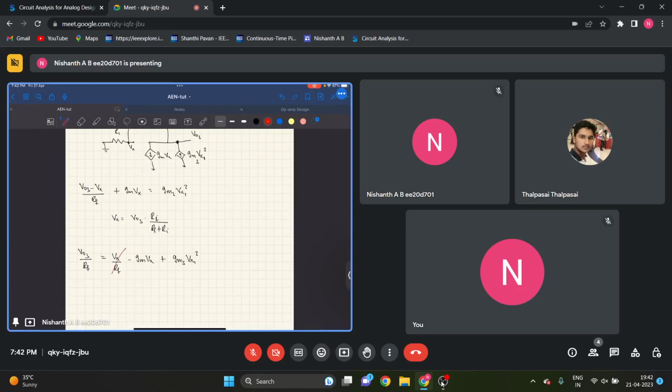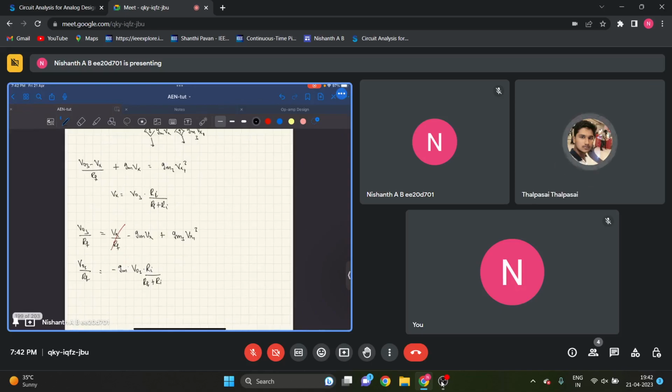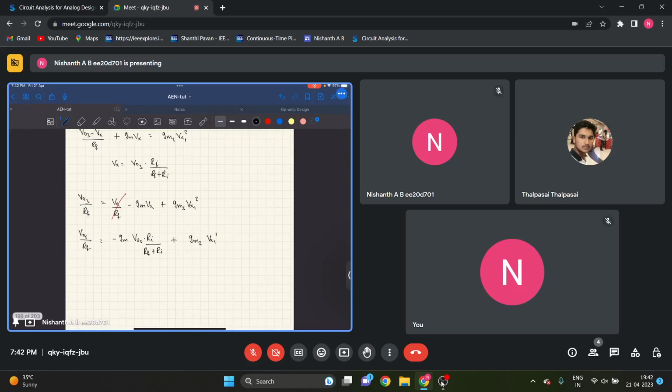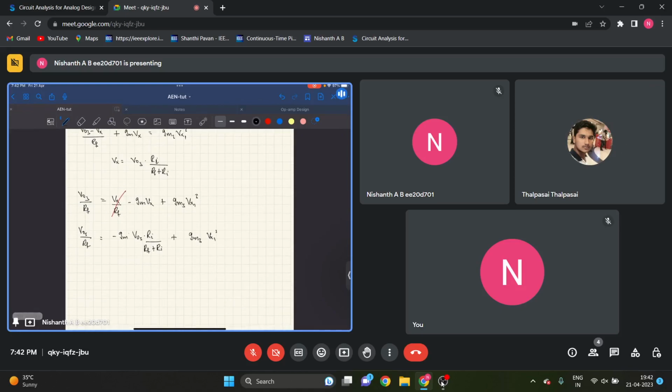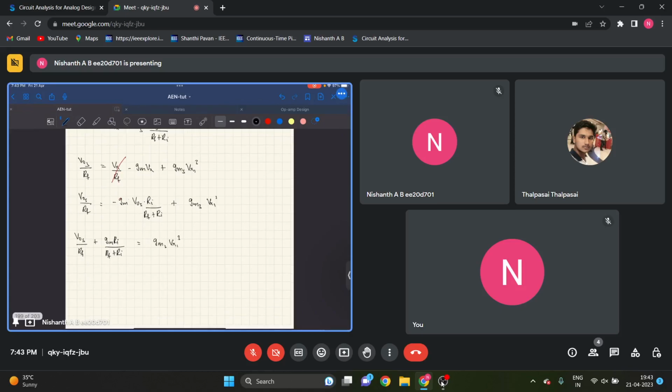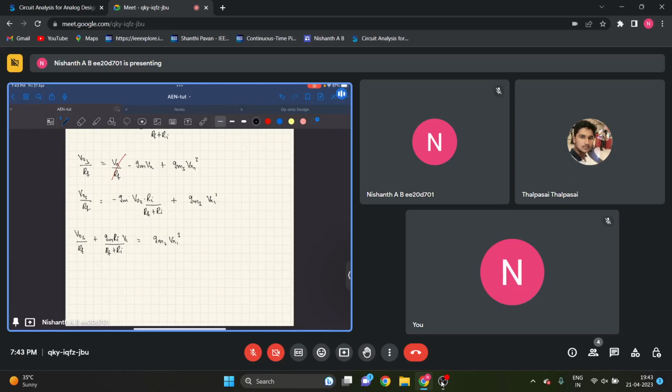VO3 by Rf equal to minus GmVx, where Vx is VO3 into Ri by Rf plus Ri, plus Gm3 into Vx1 cube. So VO3 by Rf plus GmRi by Rf plus Ri is equal to Gm3 Vx1 cube. Correct? Yes, sir.